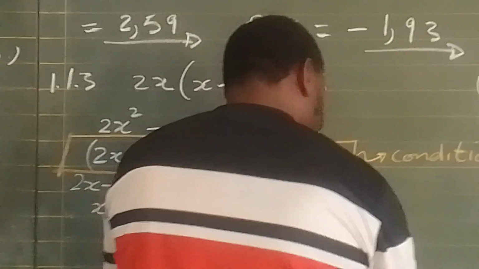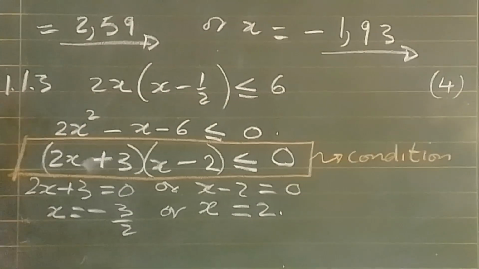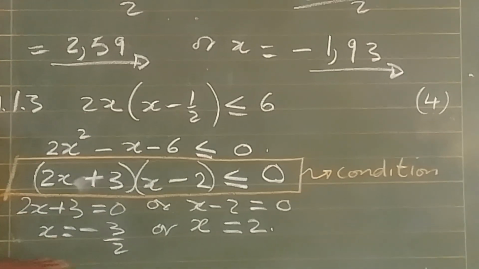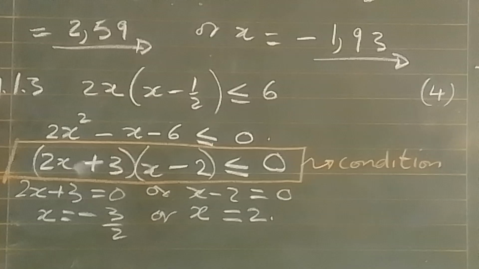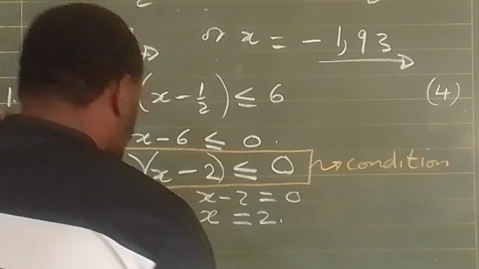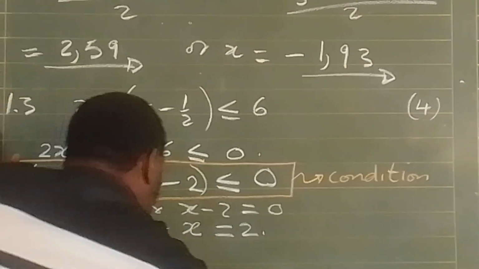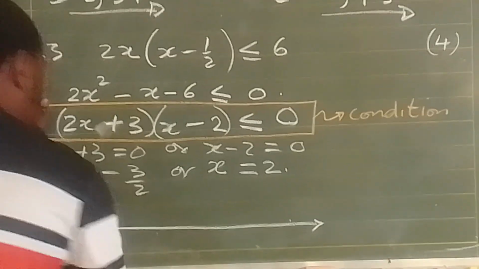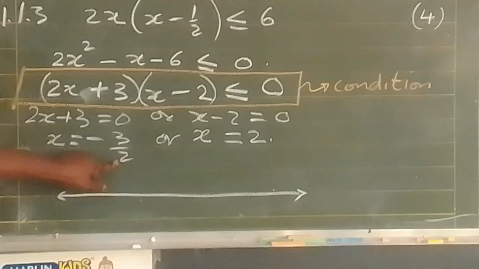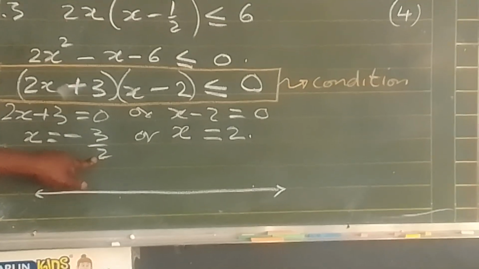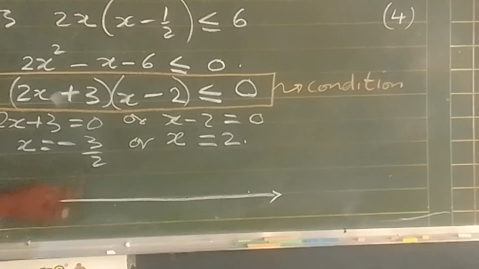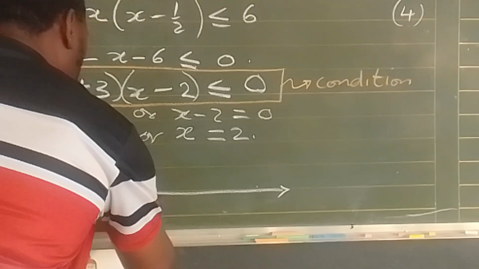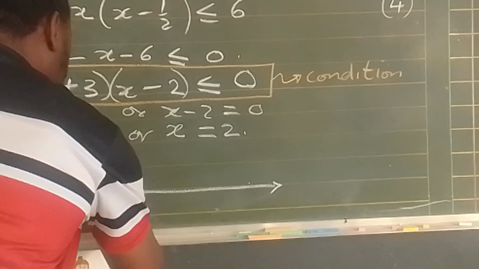Okay, with that being said, we are going to draw a number line. Here is our number line. Our x is minus 3 over 2. Minus 3 over 2 is the same as 1.5. Let's say this is our minus 1.5.